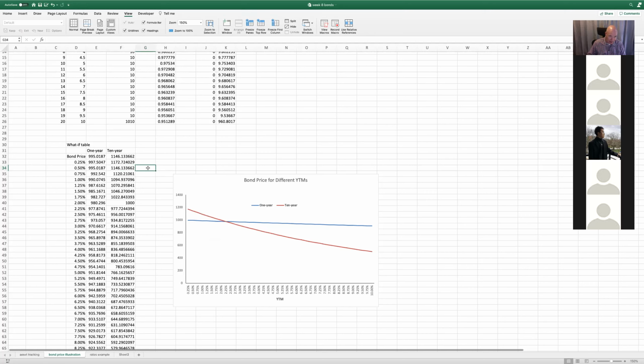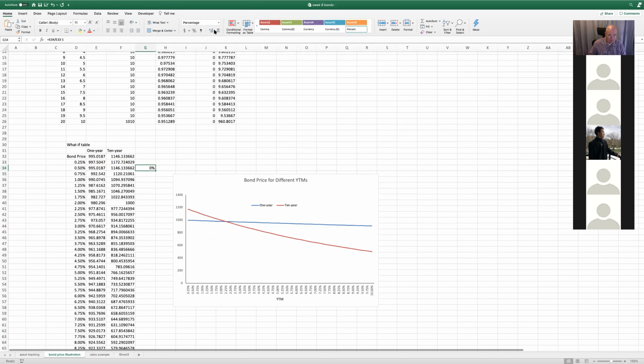In fact, I can calculate it here. 0.25 to 0.5 is a 0.2% change. Let me just put it in percentage while I'm at it. For my 10-year note, it's minus 2.27%. All right.